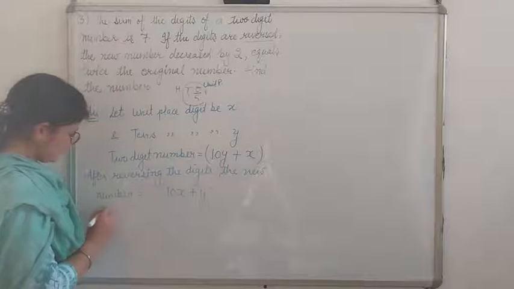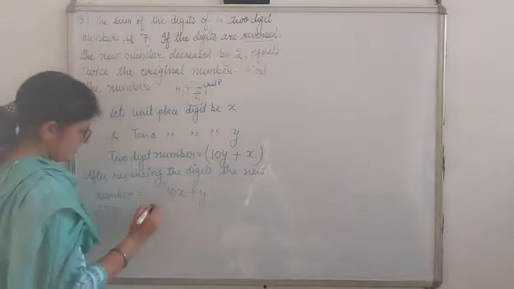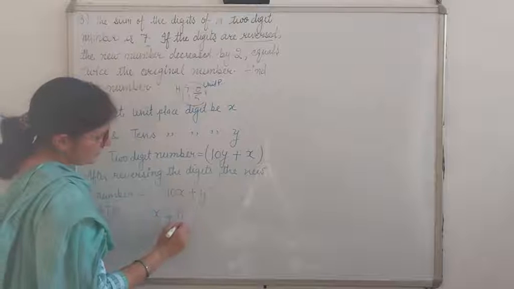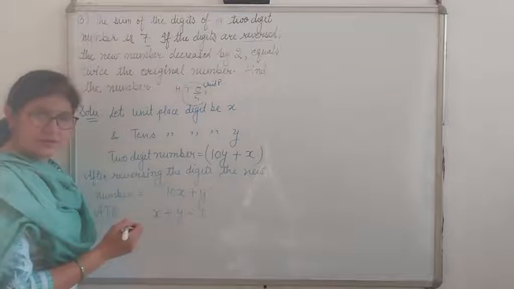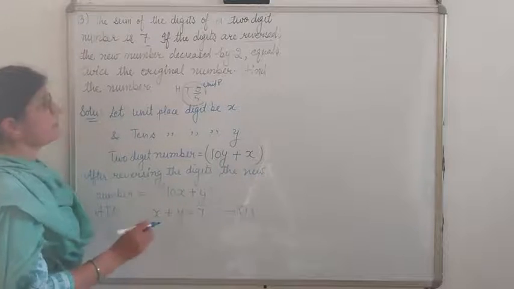According to the question, the sum of these digits is 7. x plus y is 7. This is first.